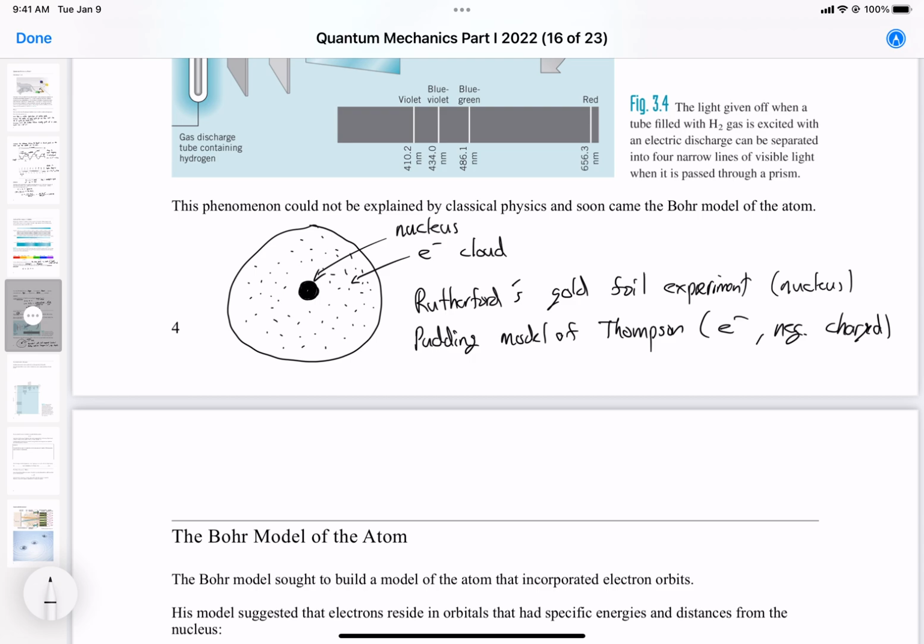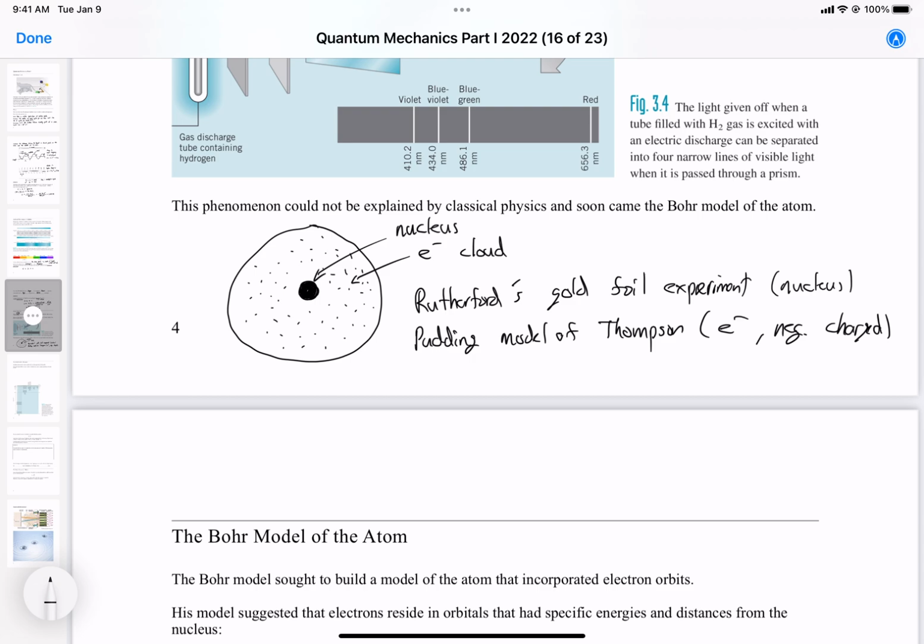So at the time of Rutherford, we knew that there were charged particles. The electron had a negative charge, and the nucleus had a positive charge based on these experiments. Okay, so what ended up happening?